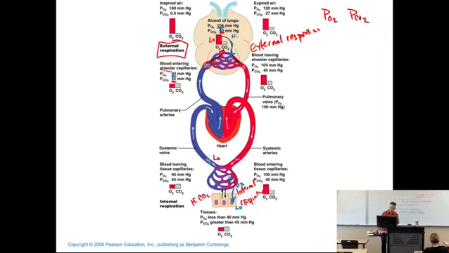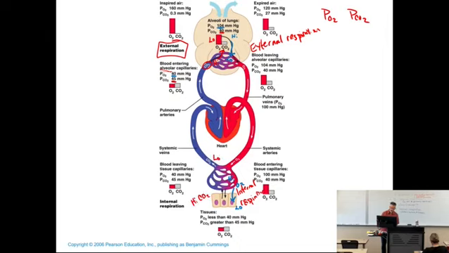So in an active tissue, we're going to find relatively low partial pressure of oxygen because they're using it up, and a relatively high partial pressure of carbon dioxide because it's actually producing that as a byproduct, right? So in the tissues, they have a relatively low partial pressure of oxygen and a relatively high partial pressure of carbon dioxide because they're working.